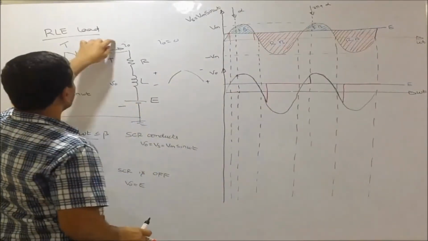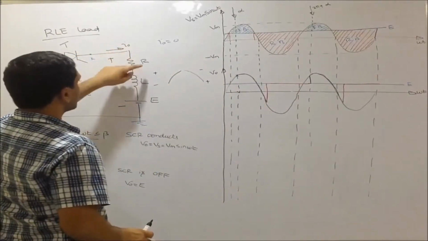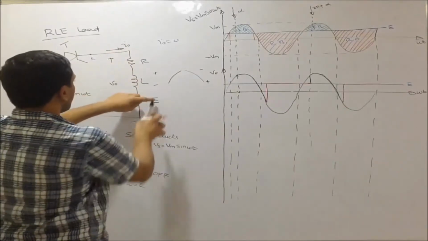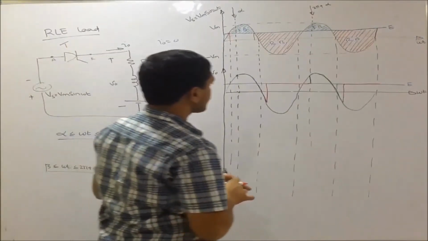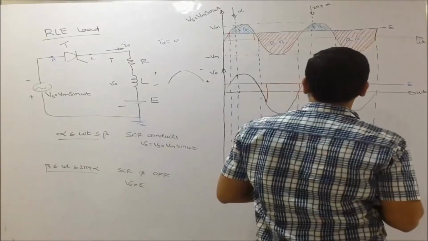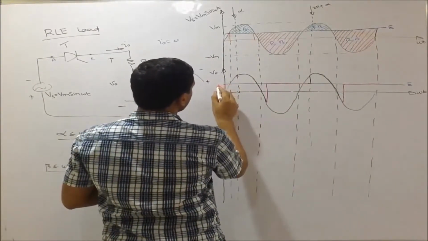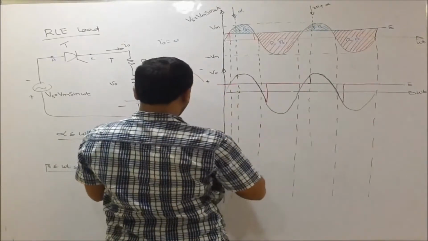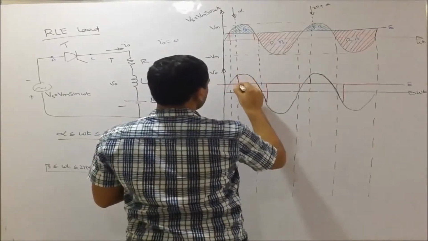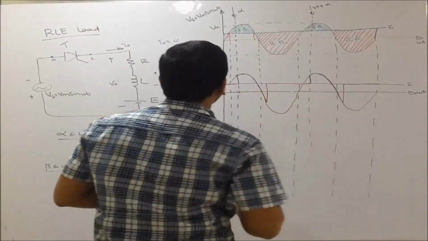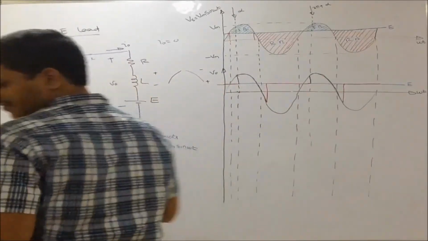When SCR is off, I naught is 0, the voltage across resistor and inductor both are 0. So E appears across V naught. And here the SCR is off, so even in the initial portion, I get E. This is the waveform of my V naught.